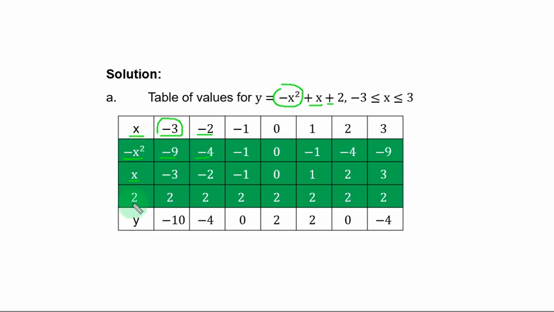You write it under each value of s, as you can see clearly. So you add to get the first y value. Minus 9 minus 3 is minus 12, plus 2, you have minus 10. If you come here, minus 4 minus 2 is minus 6, plus 2, you have minus 4, and so on.